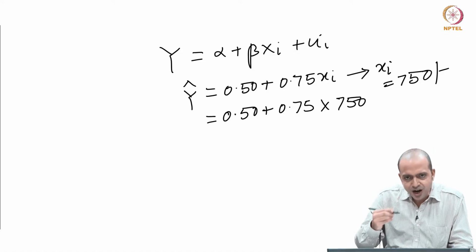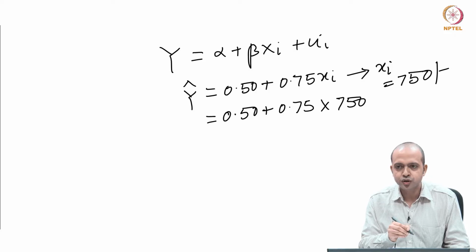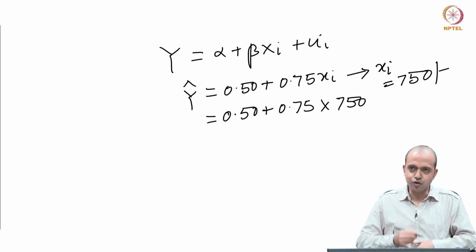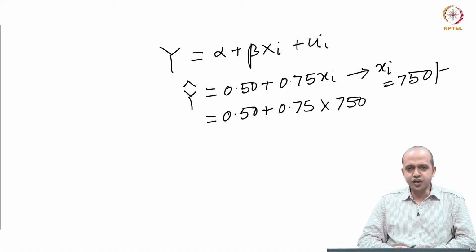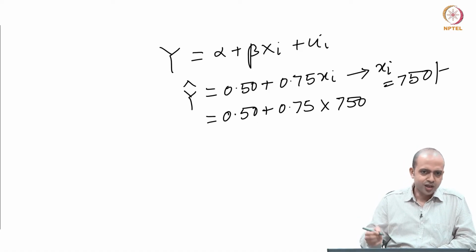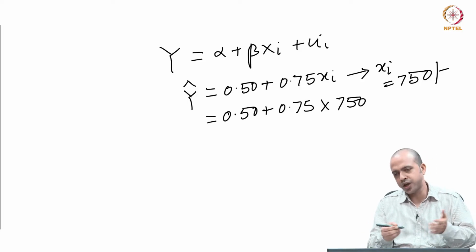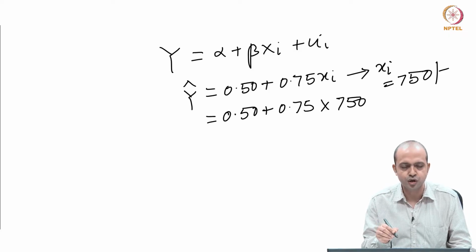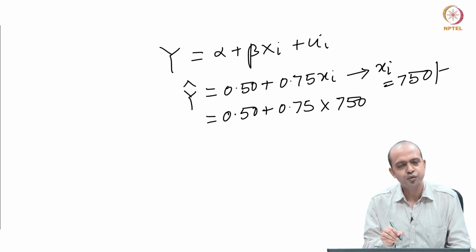Okay. So, this is how I can use the estimated econometric model to predict or forecast. Actually, the term forecasting is used in a time series context, and prediction is used in both time series and cross sectional contexts. When you are using cross sectional data, we might be using the term prediction.